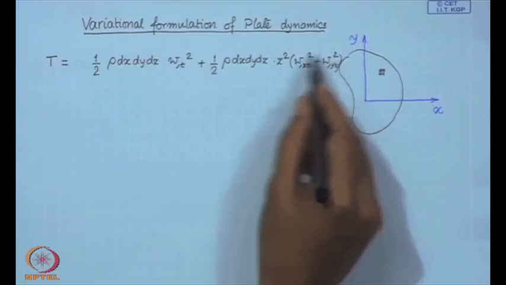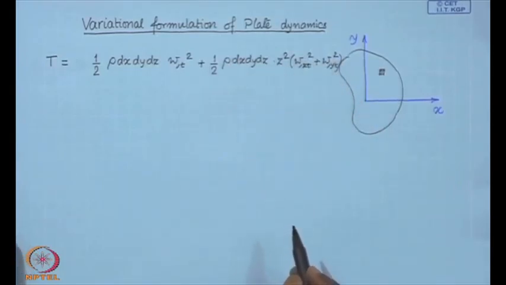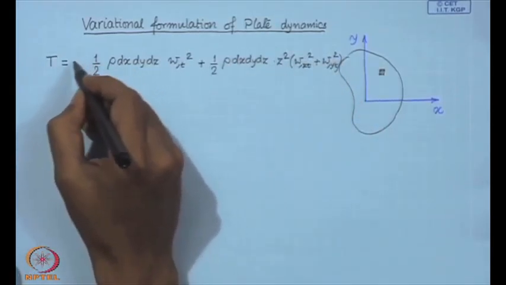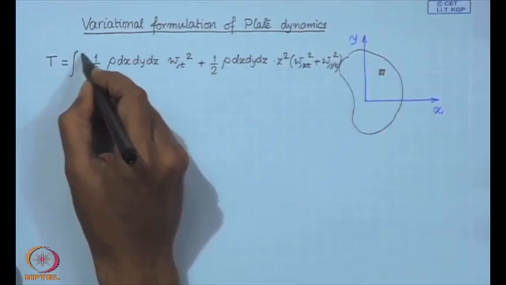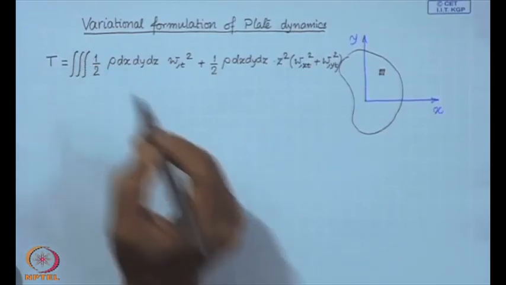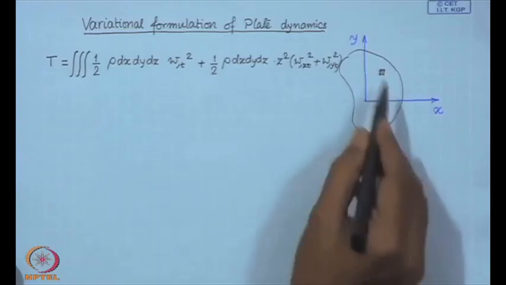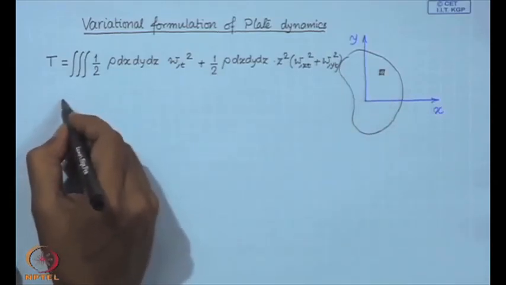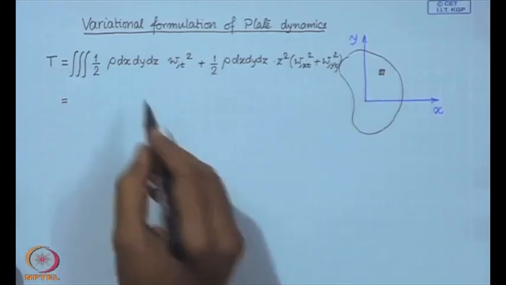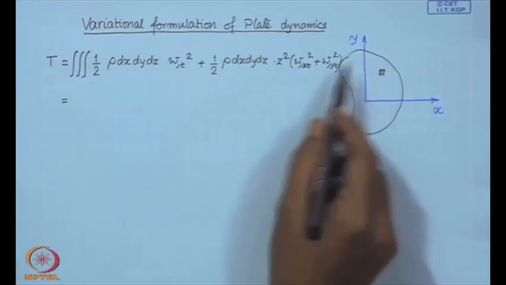This is the contribution from the rotary inertia, and if you integrate this over the complete volume of the plate, we can obtain the total kinetic energy of the plate.